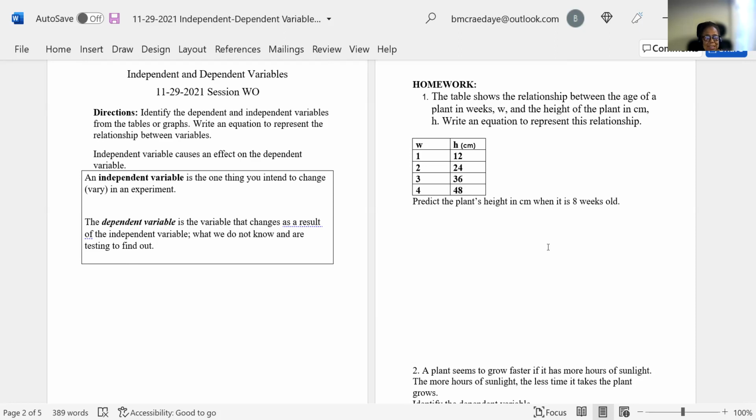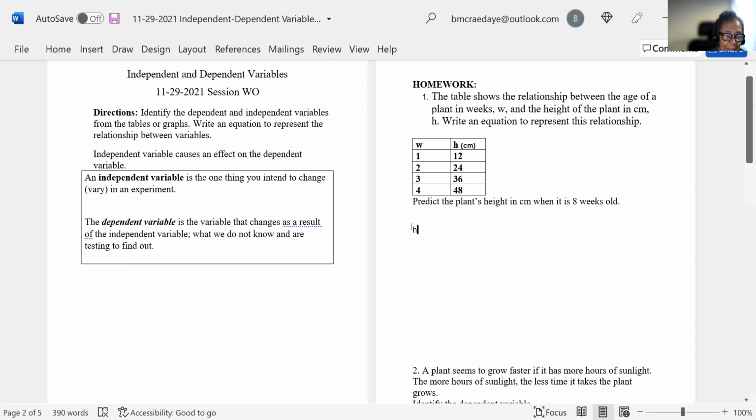The dependent variable would be the weeks. No. Or the height. Height, because the height depends upon the number of weeks it grows, right? Oh, yeah. So your dependent variable is H.